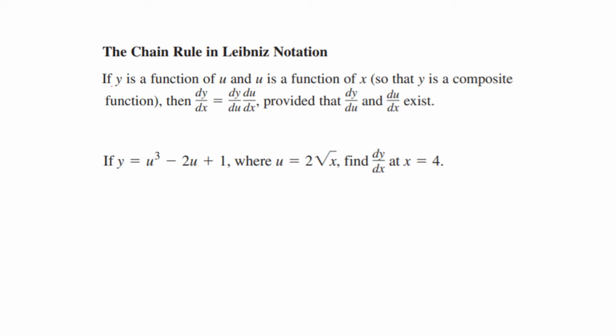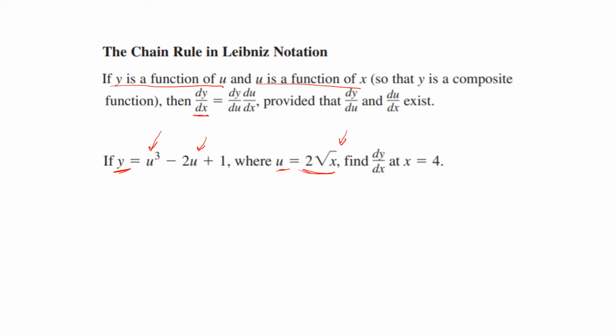When it says y is a function of u, it means you have an equation y that is in terms of u, and u is a function of x, meaning u is in terms of x. So y is basically a composite function because it includes u as the function inside of y.